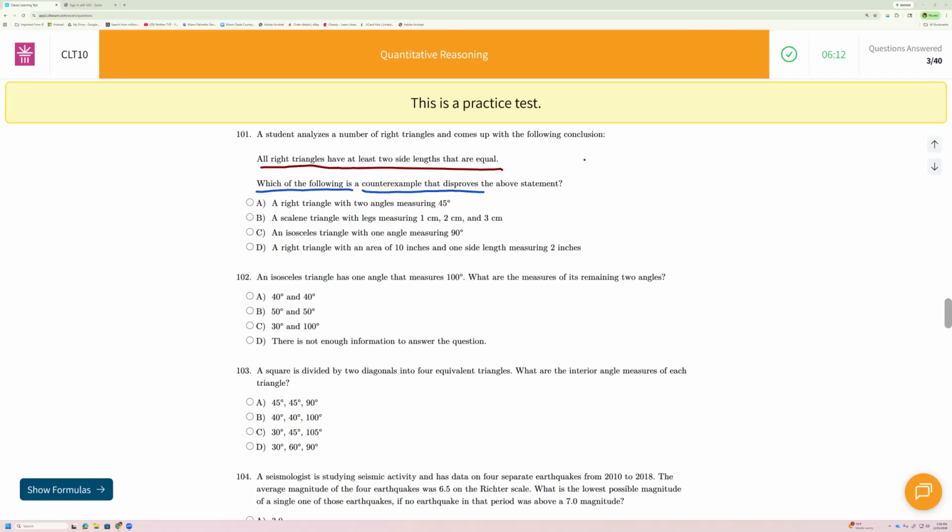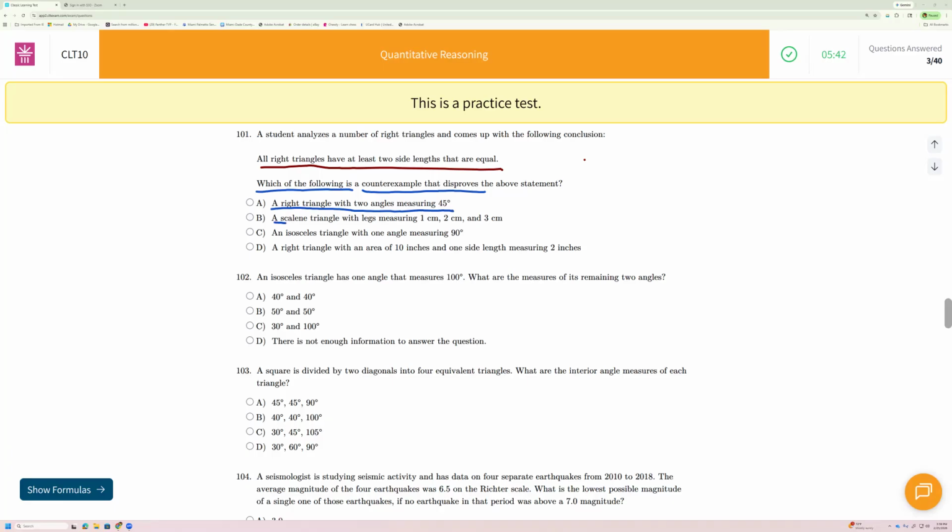In other words, we need something that says there's at least one right triangle that doesn't have two lengths that are equal. All right.